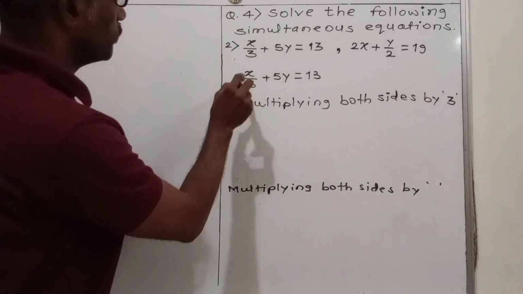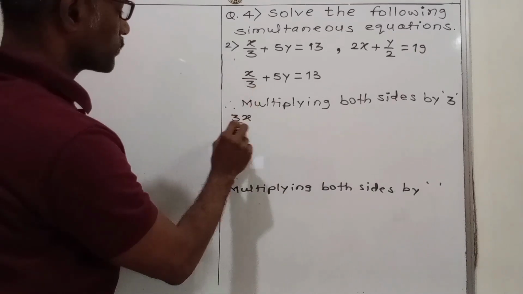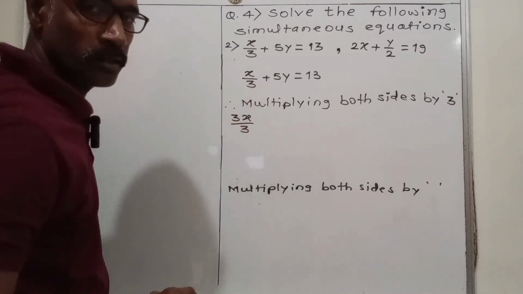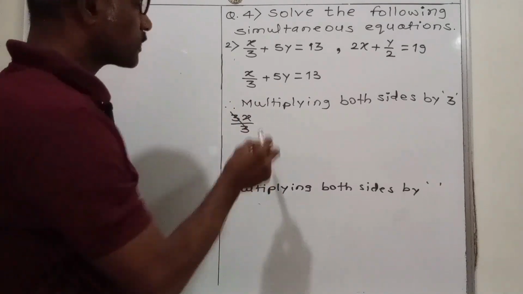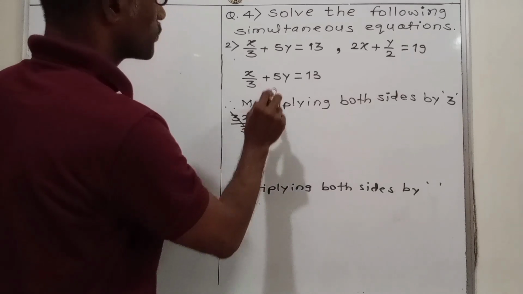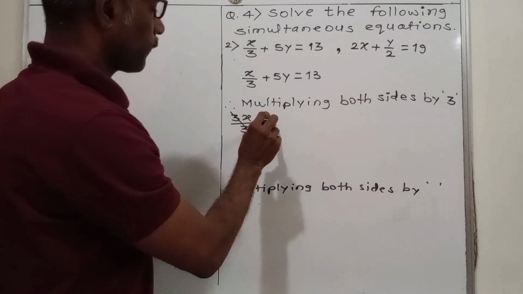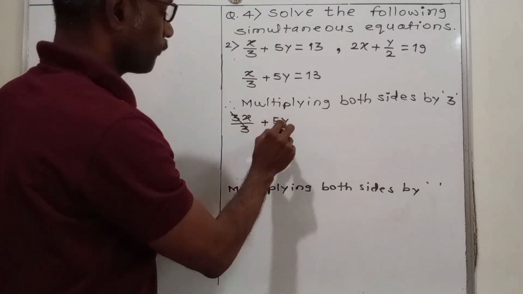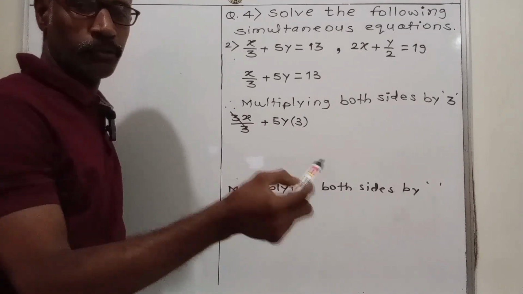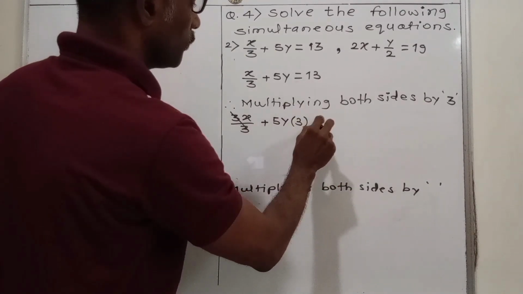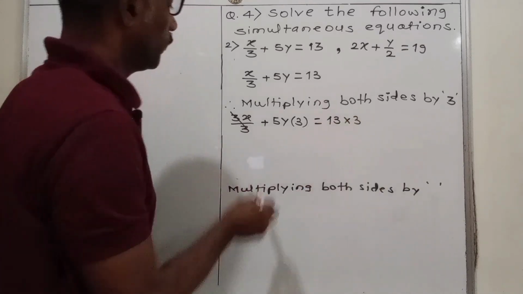See here, we multiply here. 3 into x upon 3, numerator denominator cancelled, plus 3 into 5y is equal to 13 into 3.